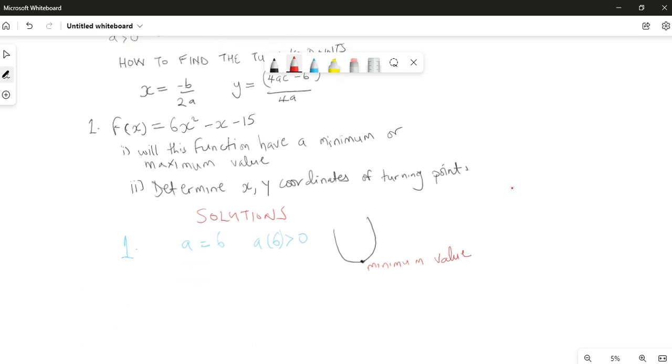Now let's find the x and y coordinates of this function. So we said a equals 6. A is the coefficient of x squared. B equals negative 1, the coefficient of x.